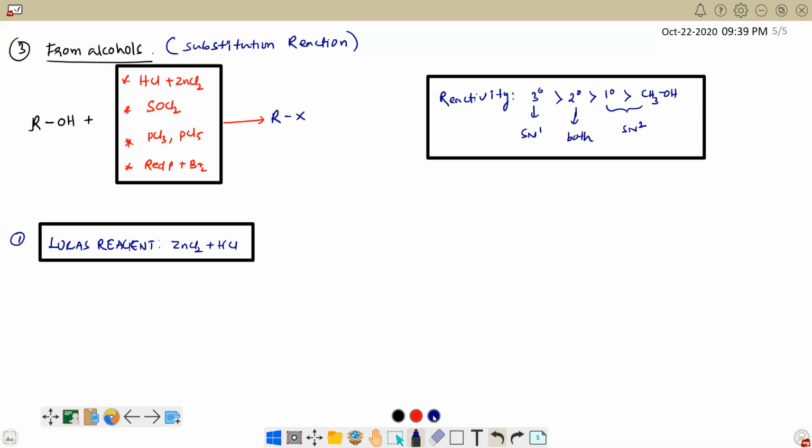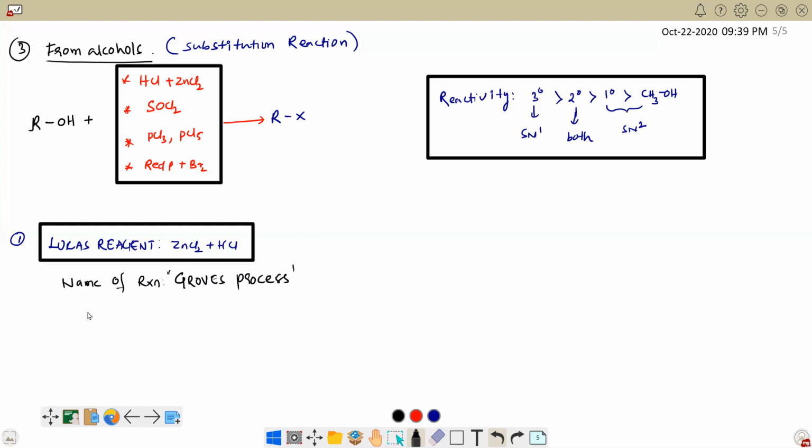So if I write the reaction, generally, I can write Lucas reagent, and this method, the name of the reaction is called Groves method, Groves process. And what is the role of ZnCl2?